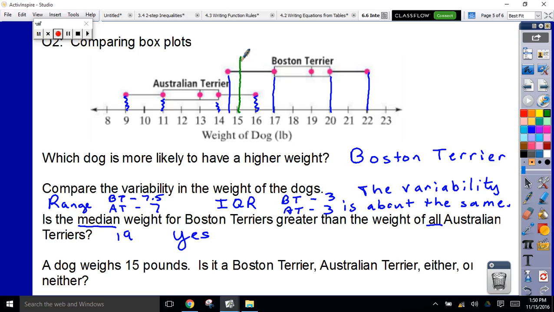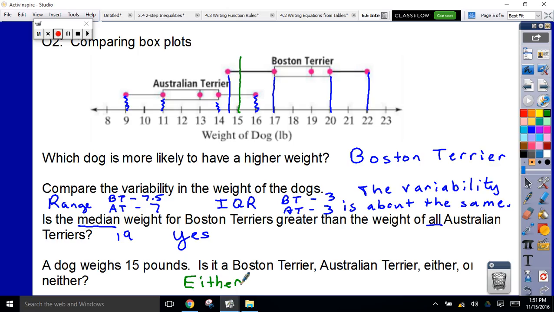Could there be an Australian Terrier that weighs 15 pounds? Yeah. Could there be a Boston Terrier that weighs 15 pounds? Yeah. So it could be either. It could be a smaller Boston Terrier or a larger Australian Terrier. So we would say either. Okay, any questions about this?